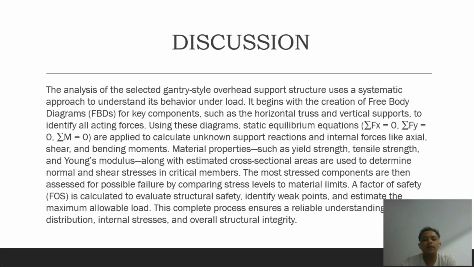A factor of safety (FOS) is calculated to evaluate structural safety, identify weak points, and estimate the maximum allowable load. This complete process ensures a reliable understanding of load distribution, internal stress, and overall structural integrity.